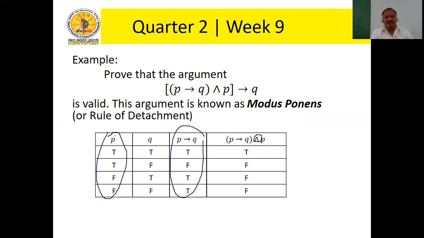Otherwise, this will become false. So true and true will become true. Then next, true, false: we have the presence of false, therefore this will become false. Then false, true: we have the presence of false, therefore the statement will become false. False, false, then this will become false. So we have now established P implies Q, and P. Okay, so let us continue.